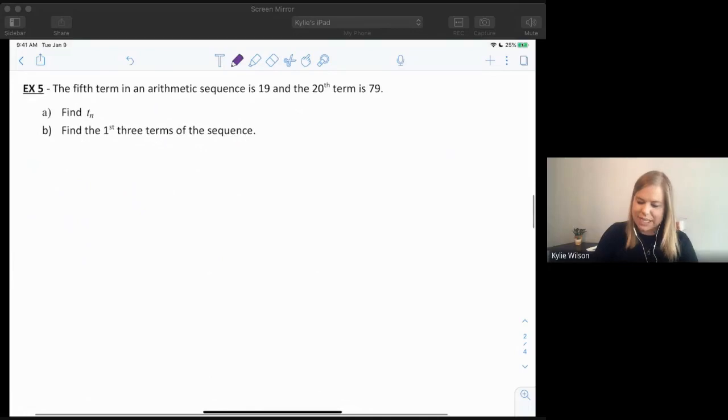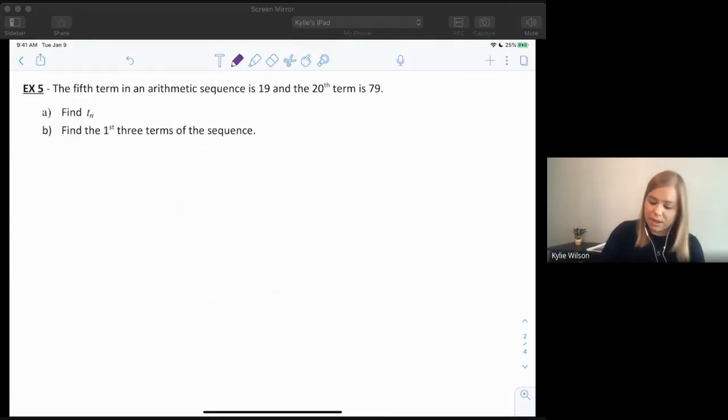So for example 5, the 5th term in an arithmetic sequence is 19, and the 20th term is 79. The first important thing they're telling us here is that it's an arithmetic sequence. That means we'll be able to use that general formula set up, which is great.